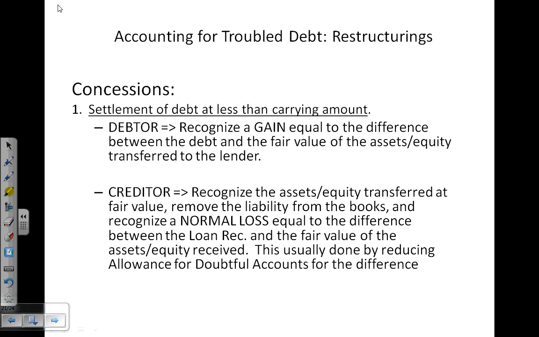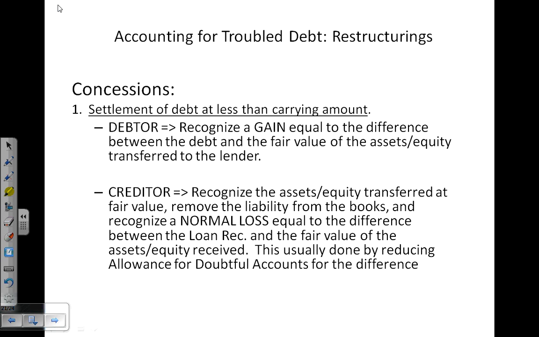For the creditor, the debt's settled, it's extinguished, and in that case we're going to remove the receivable from the books, and we're going to recognize an ordinary loss equal to the difference between the loan receivable, the asset, and the fair value of the assets and equity received. Hopefully, what's happened is previously there's been a loan impairment. You've recognized that loss and you've set up an allowance for doubtful accounts.